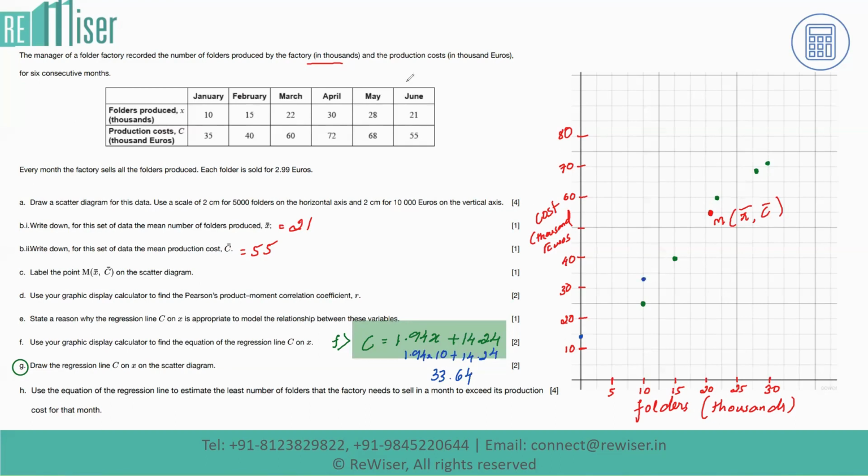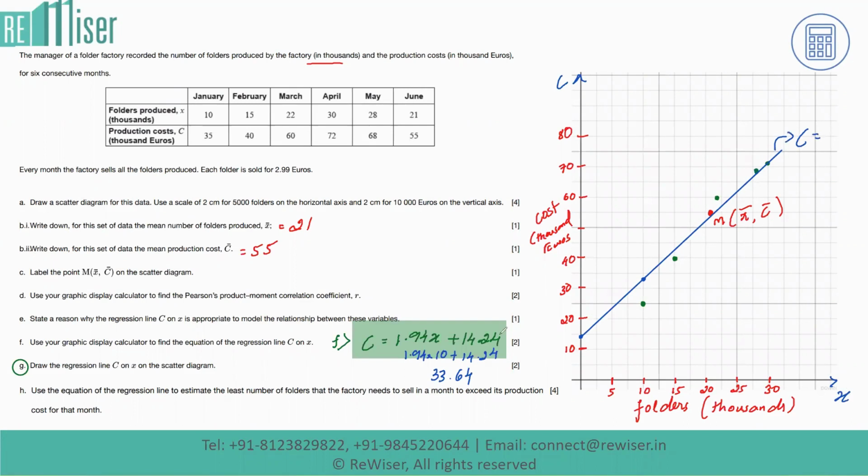Now I could say my regression line should pass through these two points, and it would look something like this. This is the regression line, which has the equation C equals 1.94x plus 14.24, because on the y-axis we have C and on the x-axis we have x itself.